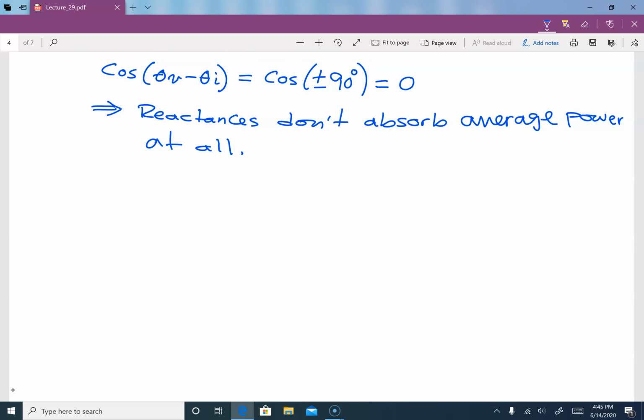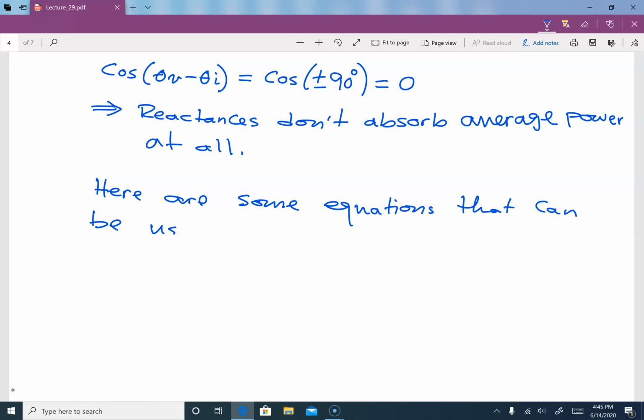So now here are some equations that can be used to determine average power.